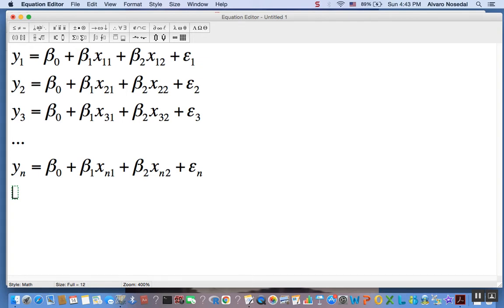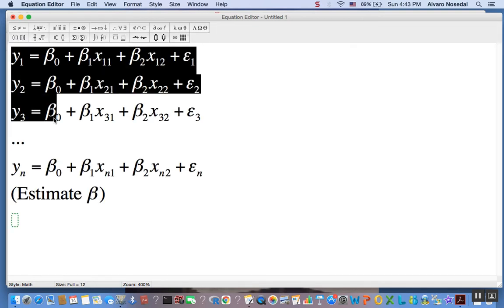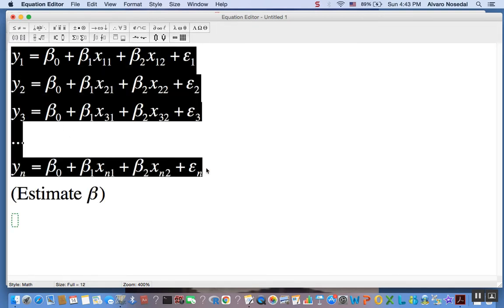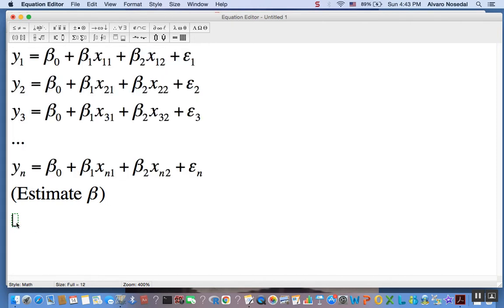But the idea is that we would like to estimate beta. That's what we would like to do. So what we said is that the idea that we had before can be extended.